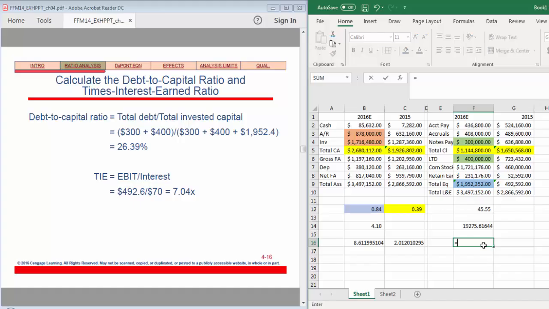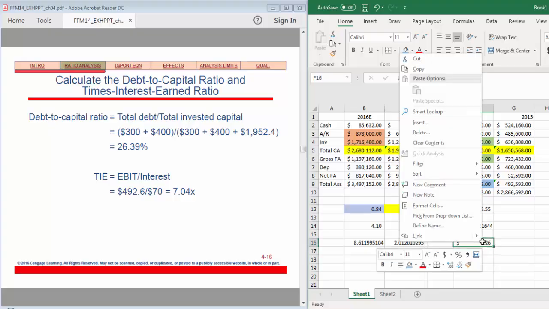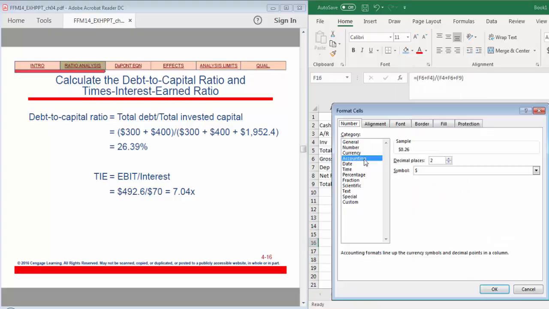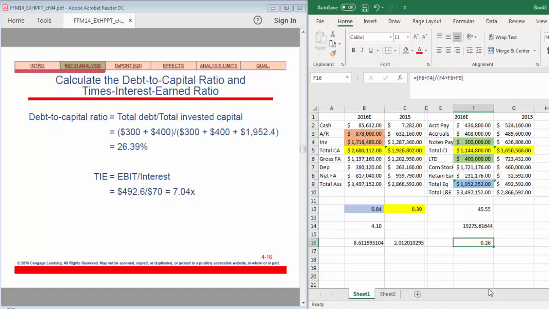So this is where these numbers are coming from. Let's quickly calculate this. Total debt is going to be 400,000 plus 300,000, divided by 300,000 plus 400,000 plus the 1,952,000 odd number, which is owner's equity. Let me just take the number. There you go, so you see 0.26 times.